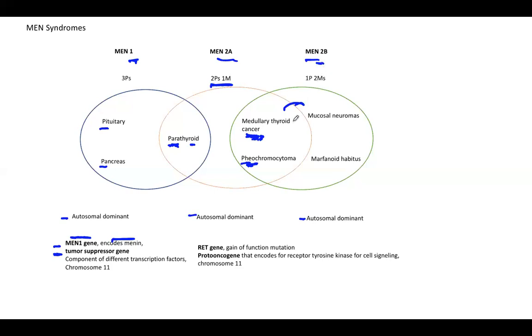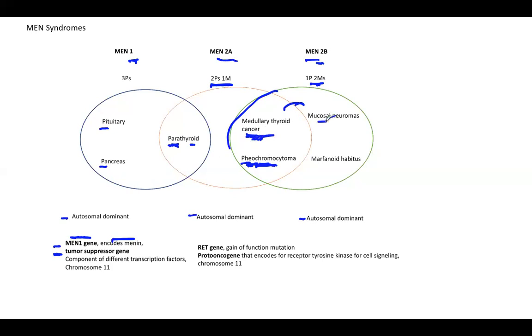And in this MEN2B, there is pheochromocytoma, and because this is MEN2B, there is one P and two M's. There is pheochromocytoma, 1P, and again, the most important is the medullary thyroid cancer.